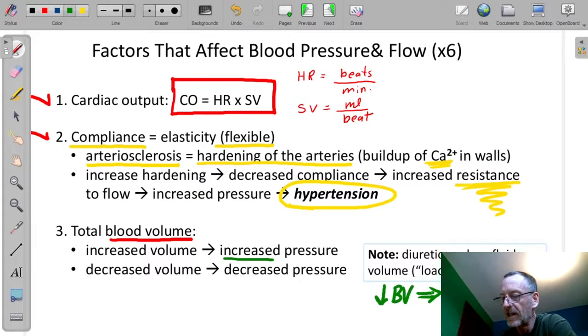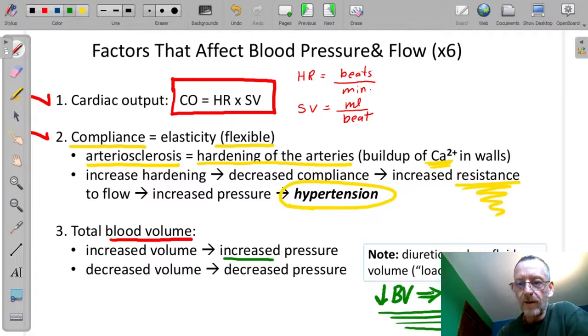And some patients with hypertension respond very nicely to diuretics to control their blood pressure, water pills. So the basic relationship, again, that you need to remember is if you have increased blood volume, that leads to increased blood pressure, other factors remaining constant, and vice versa.